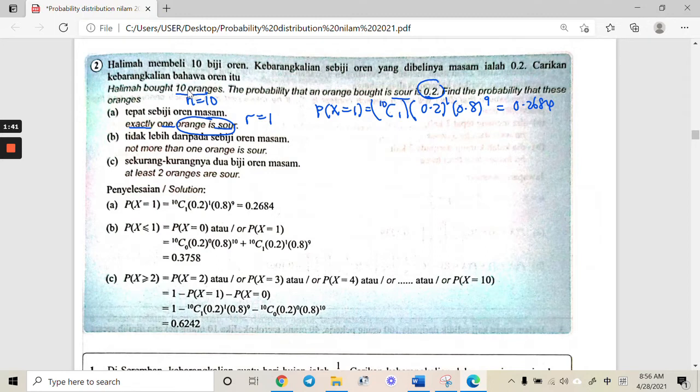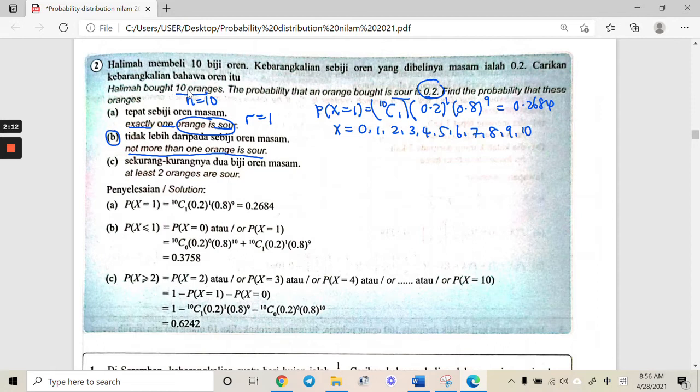So today we'll learn more than one probability. For example, question B: not more than 1 orange is sour. Not more than 1 means 0 and 1. So how do we determine which ones we need to calculate? At first, I suggest you write down the x values first. So x is the number of oranges sour: 0 oranges sour, 1, 2, 3, 4, 5, 6, 7, 8, 9, 10.